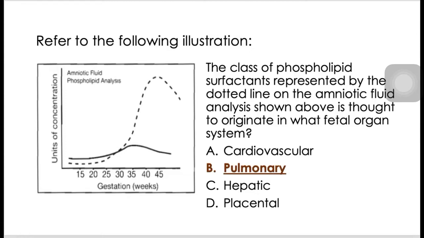So phospholipid, po, is the most abundant lipid present in all cell membranes. But for this purpose, po, phospholipid also acts as a lung surfactant, no? Which is used to assess fetal lung maturity. And these phospholipids are produced by the type 2 pneumocytes of the alveoli of the lungs.